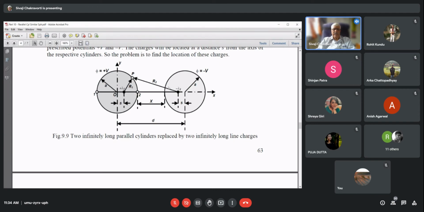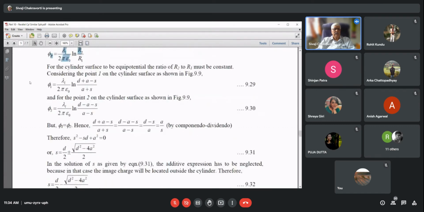You can clearly see the distance R2 is D plus the radius A minus this S, from minus lambda 1, whatever the distance is. So considering point 1, I write an expression for phi 1, where R2 is D plus A minus S, R1 is A plus S.